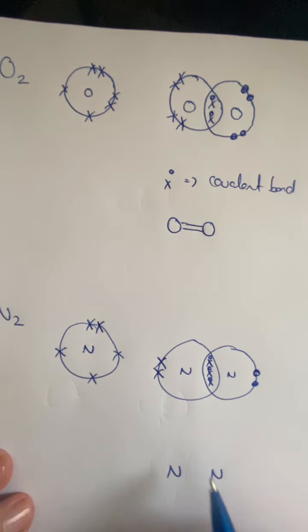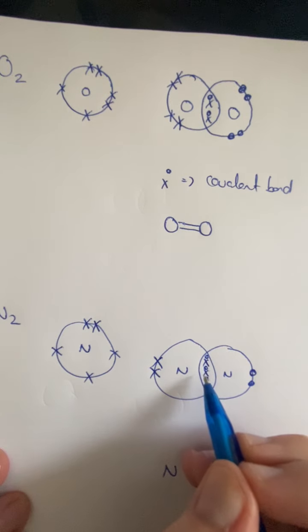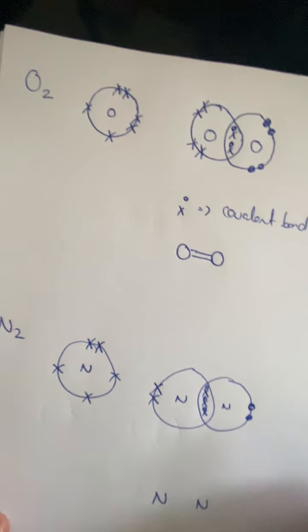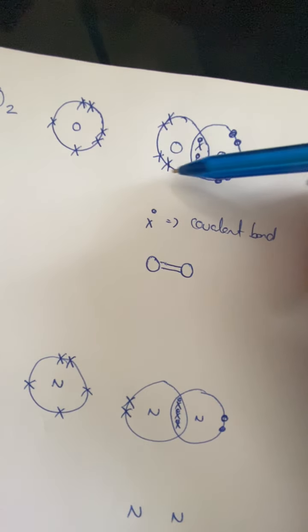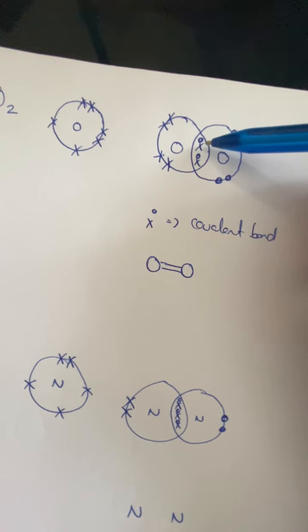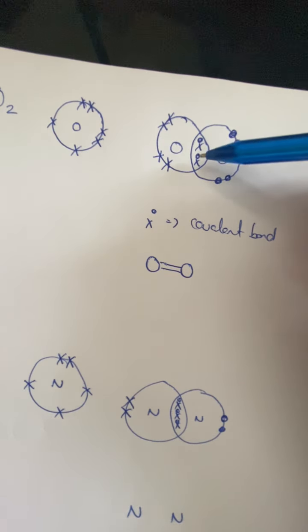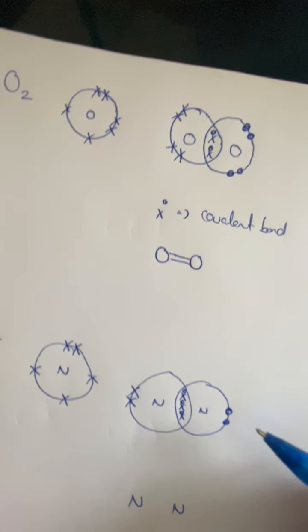Okay, so now we've got 3 dots and crosses, dot cross, dot cross, dot cross. You now know, just like up here, you have 8 electrons, 1, 2, 3, 4, 5, 6, 7, 8. So that's stable. Again, this one here is stable because it's got a full outer shell of electrons.